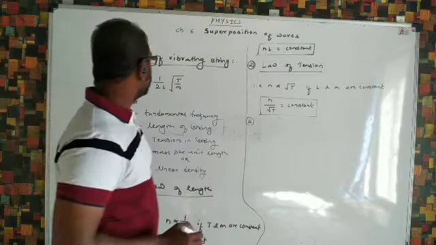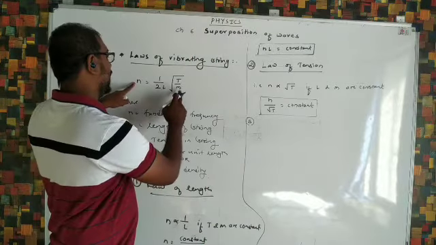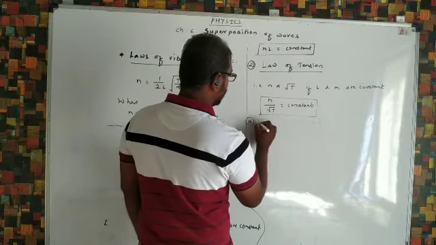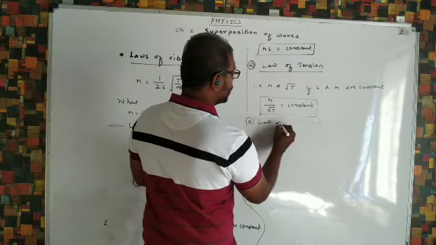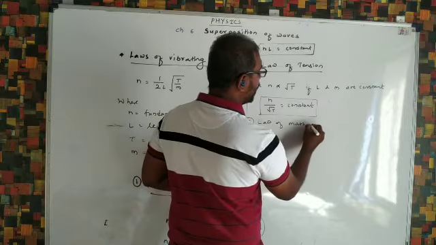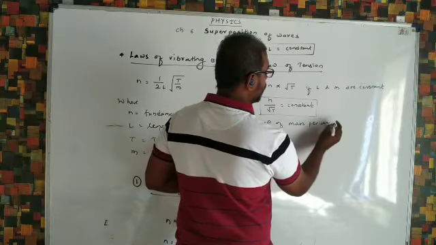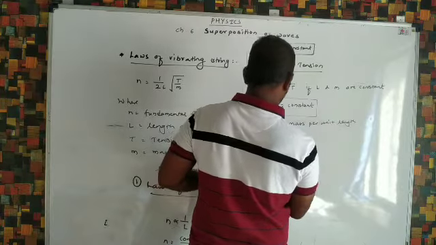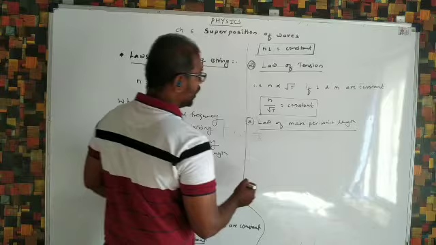Now the third law is the relationship between n and m. Here m is the linear density or mass per unit length. So it is the law of linear density, or law of mass per unit length. Okay, now pay attention here.